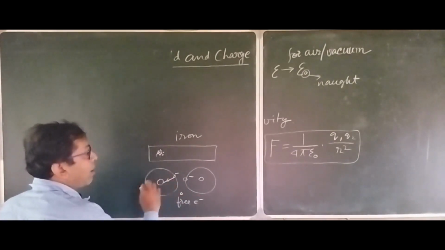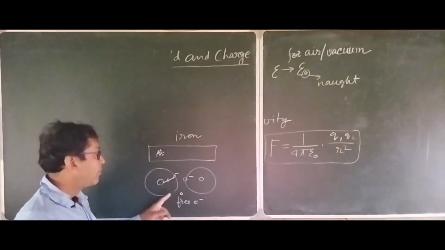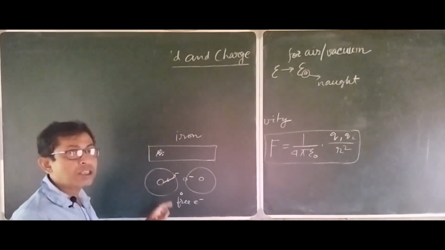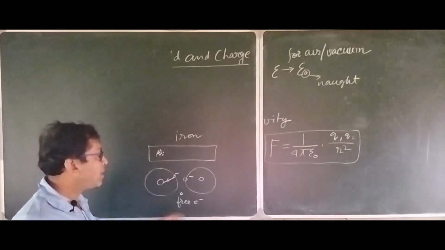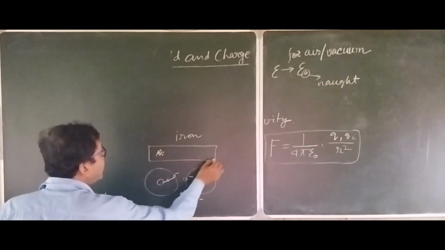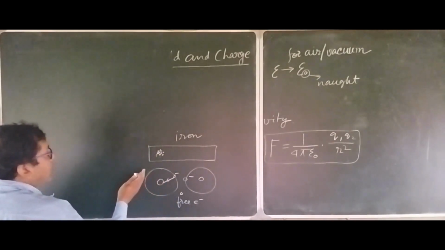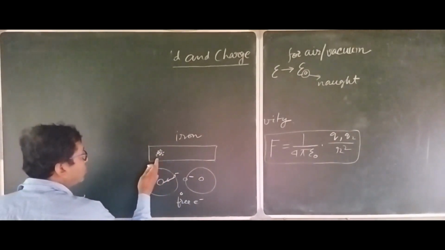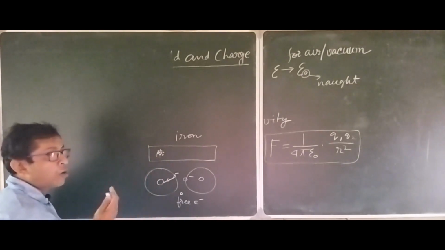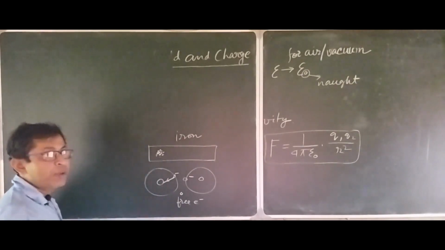When one or more electrons do like that, this atom turns into a cation because it loses the electron. So in this manner, in solid metals, each atom loses one or more electrons which stay in the interatomic gaps.